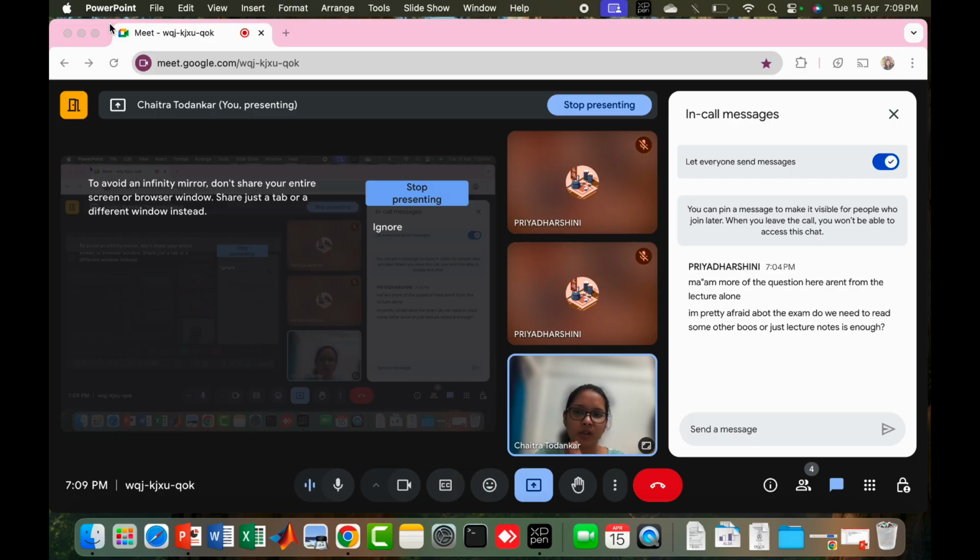There are just one or two tricky questions which involve a little bit of understanding of the overall application part. It will be just one or two questions.